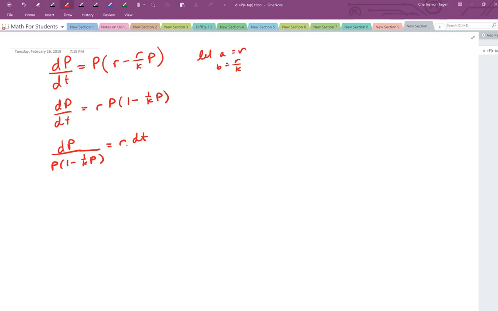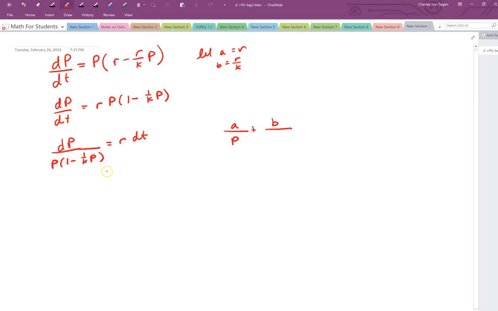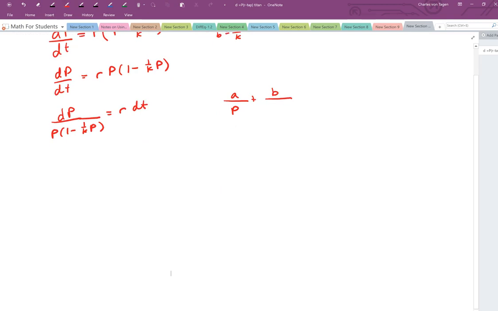The next thing we want to do is separate these fractions, decompose them. So if I have a over p plus b over, I think I want to do one other thing first. Sorry. Before I do the partial fraction decomposition, let's multiply both the numerator and the denominator by k.